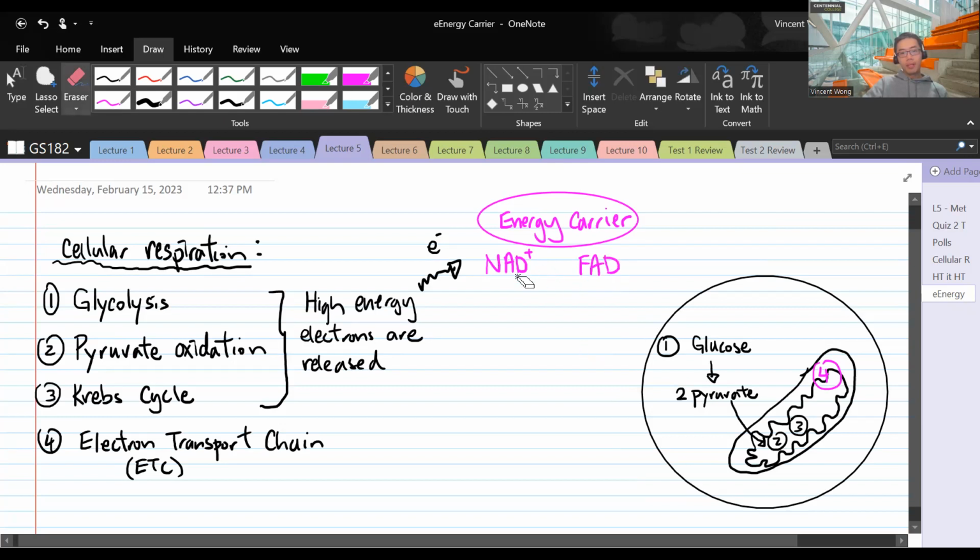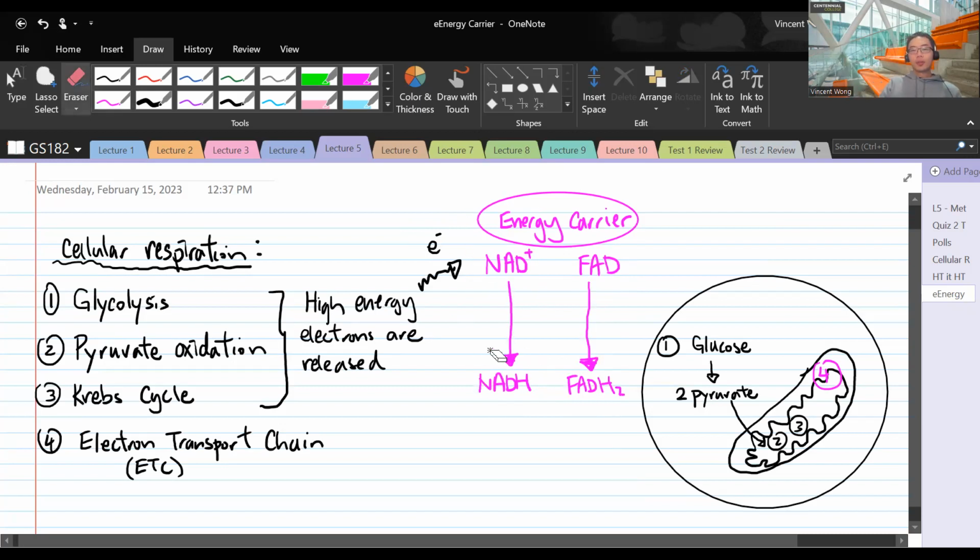So these are like taxis, and the electrons are like passengers. The NAD+ will pick up the electron, and afterwards it will become NADH. Similarly, FAD will pick up the electrons, and afterwards it will become FADH2. Don't worry about where the H comes from. That's just what they're called.